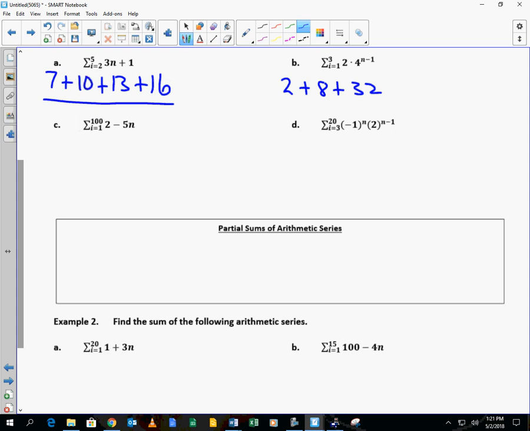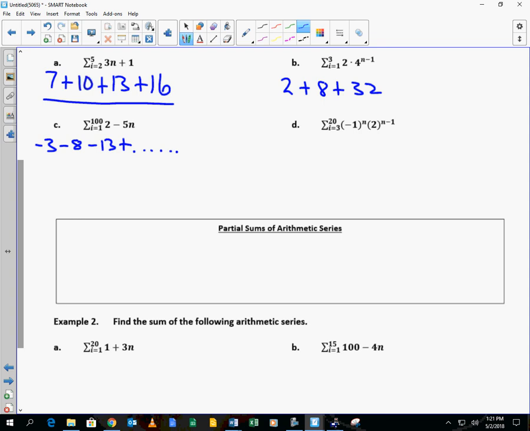Okay. So C, we're going to plug in 1, and 2 minus 5 is, and then 2 minus 10, and 2 minus 15. And then instead of going all the way out through 100 terms, we can write dot, dot, dot, and we just put the last term at the end.